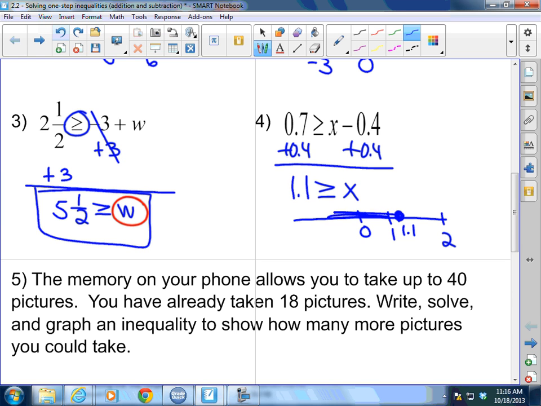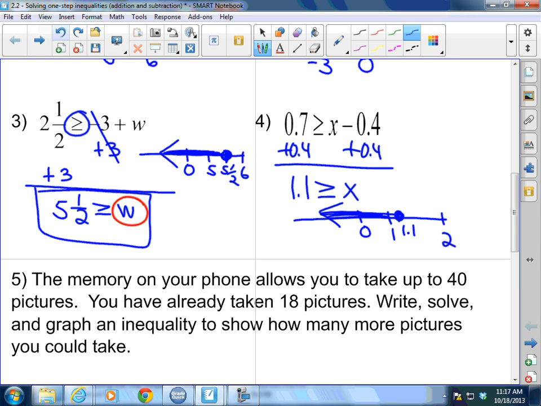Less than that, shade it to the left. Over here for w is less than or equal to 5.5, I go 0, 5, 6. That's my 5.5. Closed circle, also happens to be less than. Does that make sense, my friends?